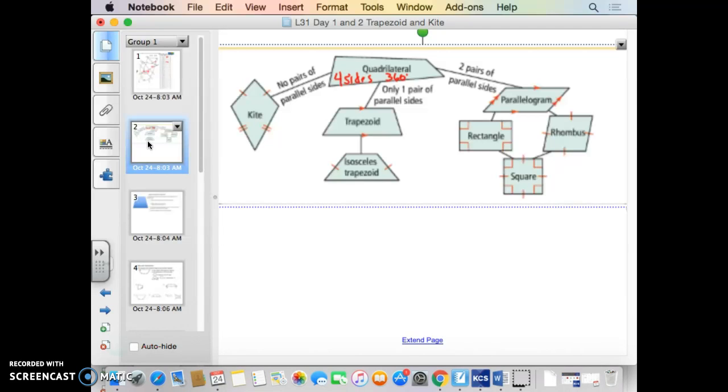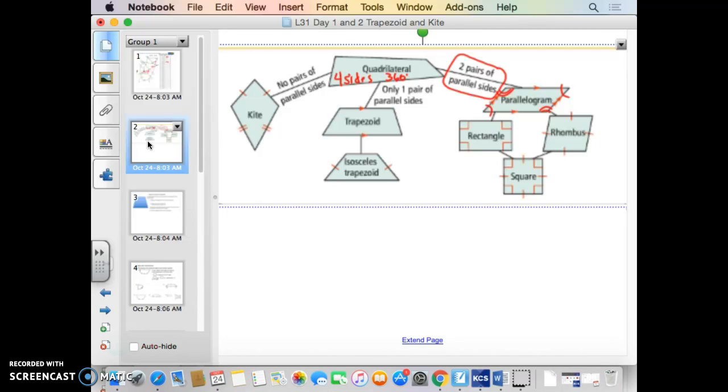The reason why these are important is they have 2 pairs of parallel sides. As we know, rectangles and squares are special cases in which all the angles are congruent, but most parallelograms have opposite angles that are congruent, opposite sides are congruent, and diagonals bisect each other.